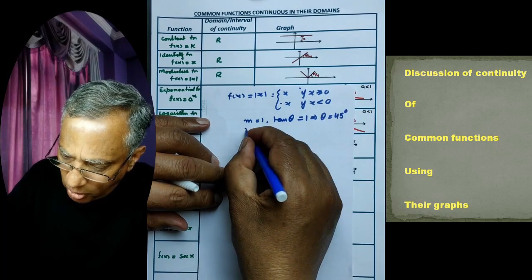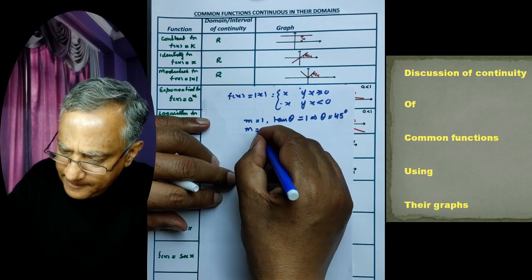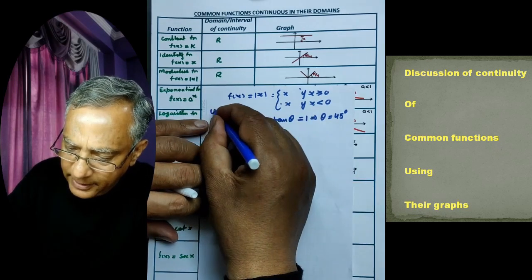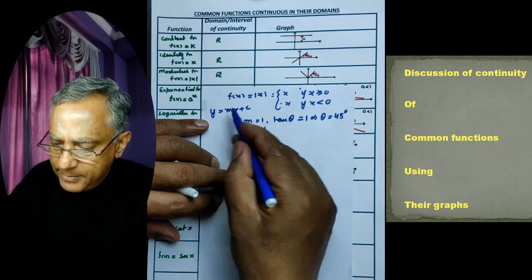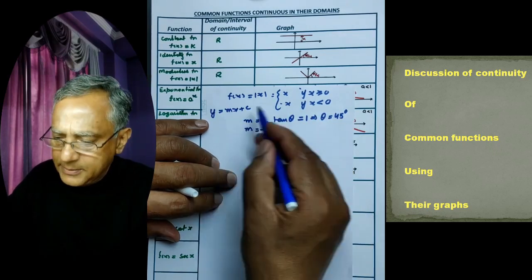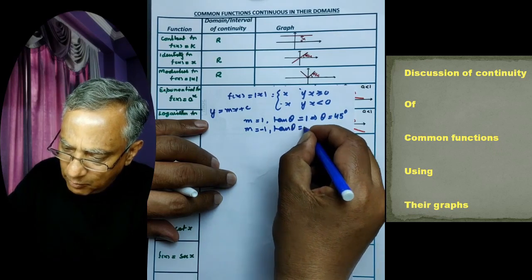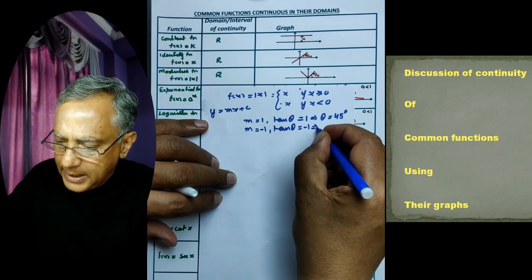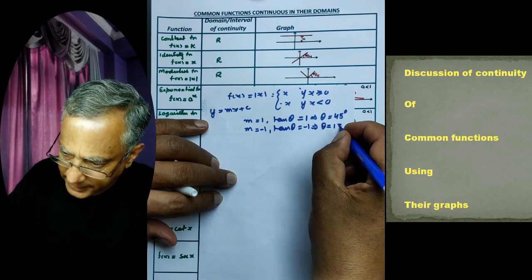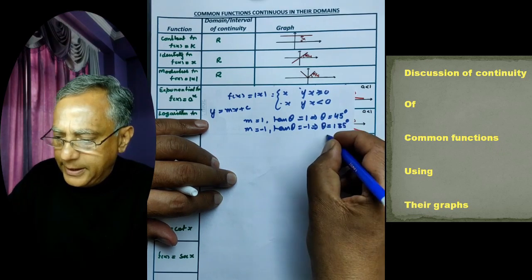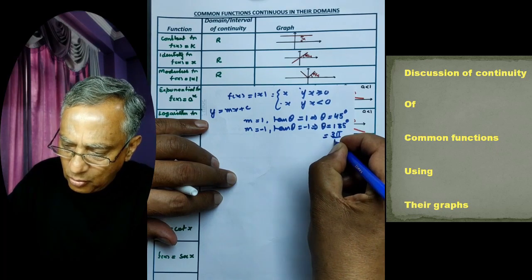And for this line, y is equal to minus x, m is minus 1. You can compare it with y is equal to mx plus c. So m is the coefficient of x, that is minus 1. Therefore tan of theta is minus 1, and this implies theta must be equal to 135 degrees, or you can say 3 pi by 4.